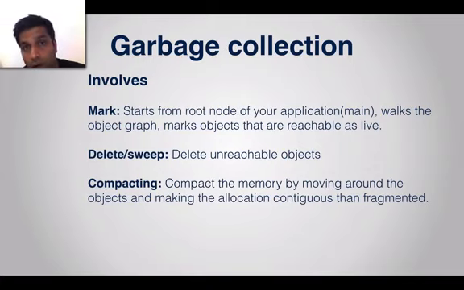Suppose we have a heap here. Let's assume the heap is like a big grid, and in the grid you have an unreachable object here, an unreachable object here, an unreachable object here. So you keep on cleaning them off. Then there are holes in the whole heap, right?